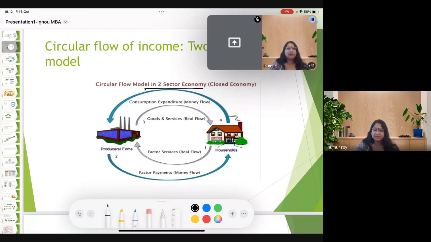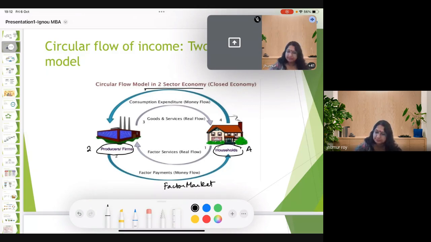So what happens here is, if you see, the first area we have mentioned is the household. So this is a part of the circular flow. On the other side, you have the producers and the firms. So this is part 2. Okay, I hope you can all see the diagram clearly. Third part we have over here is called the factor market.